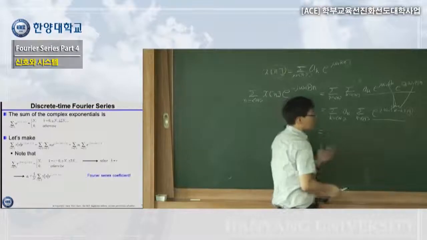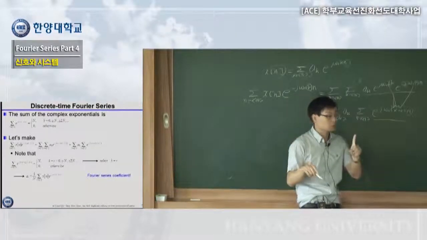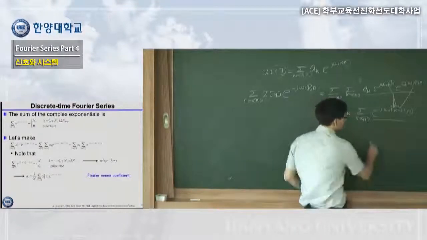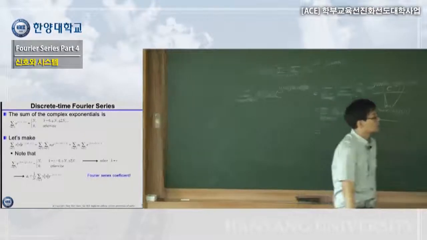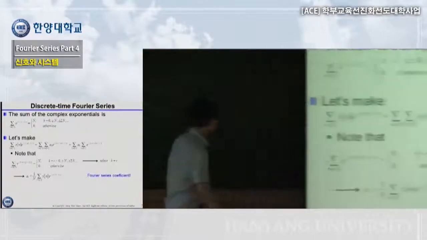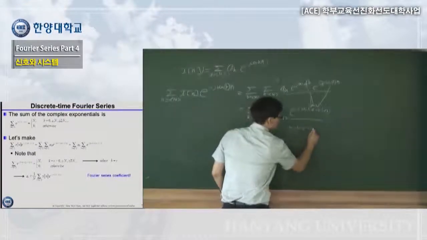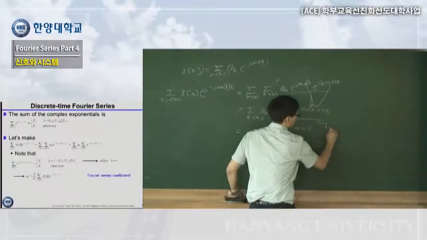Except what? Cosine 0t, right? That's one. So same here. If k minus r equals 0, then this one becomes 1 and this one becomes 1.